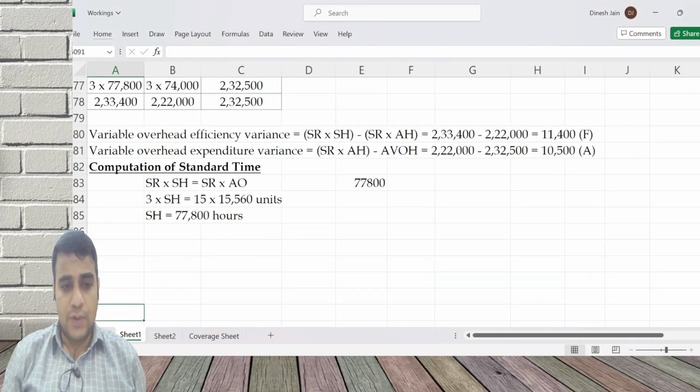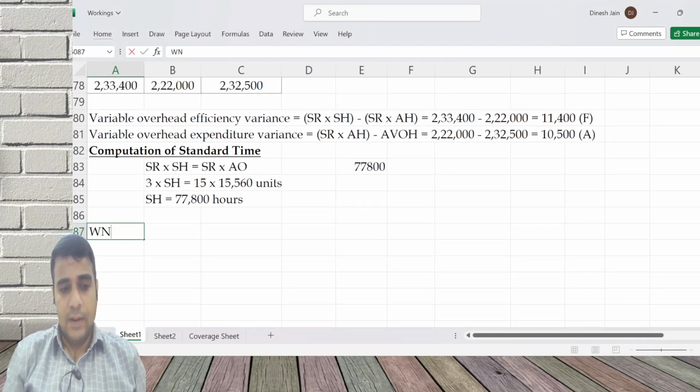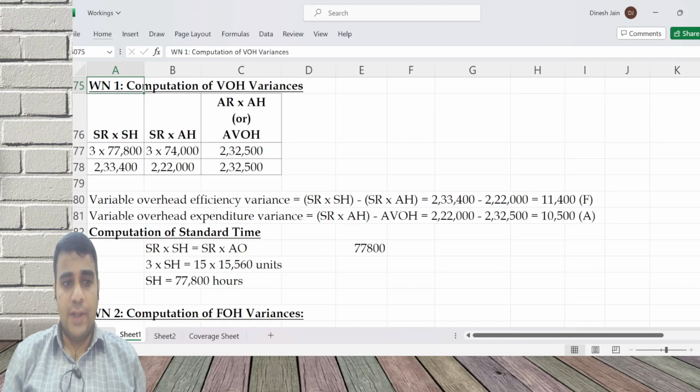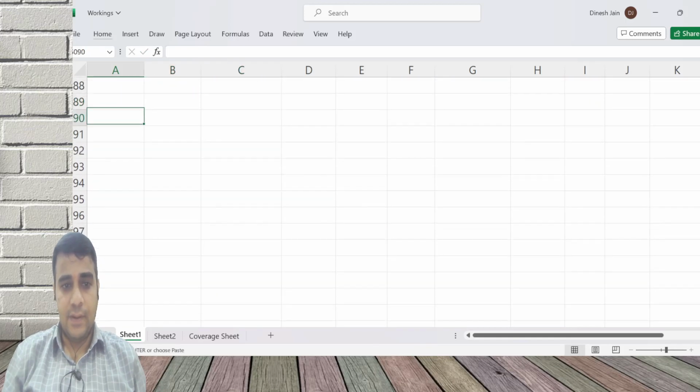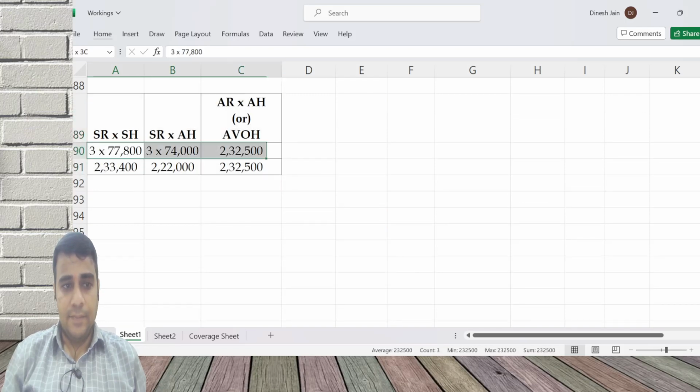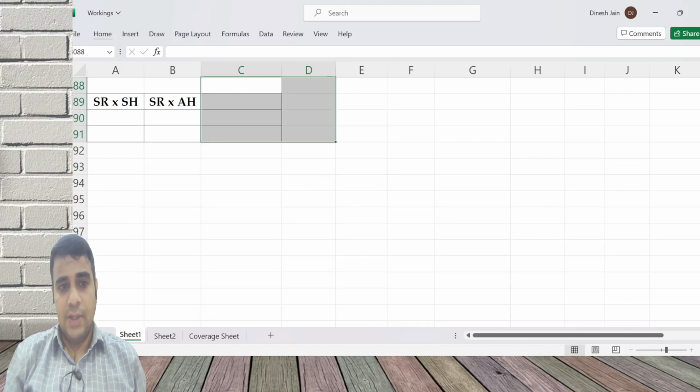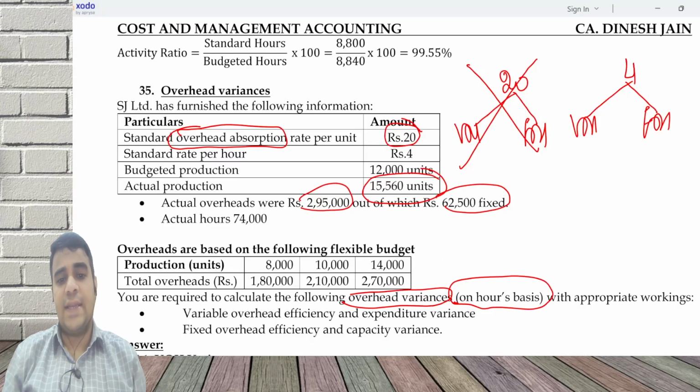Next, working note 2. Computation of FOH variances. SR into SH, SR into AH. This question is without calendar, so we do not have data on actual days and budgeted days.